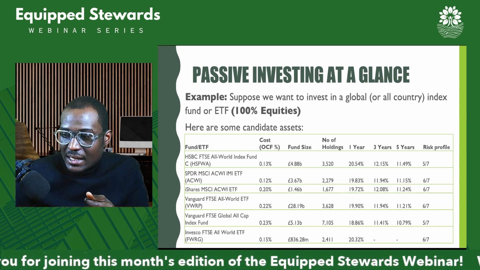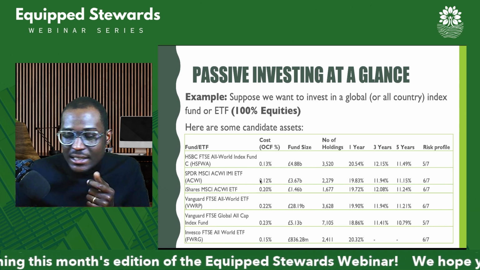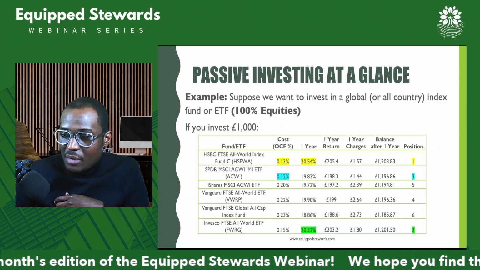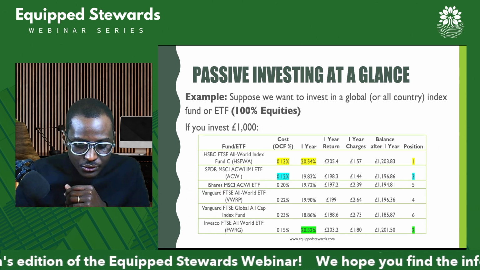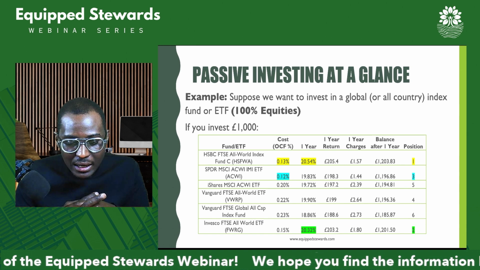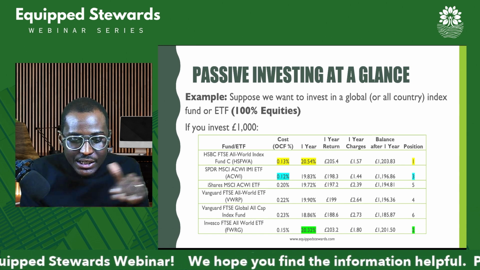But at the same time, you need to check the cost, because sometimes the cost can eat into whatever you are getting. So let's look at an example that considers cost. I have done a brief calculation here over the 1 year return.